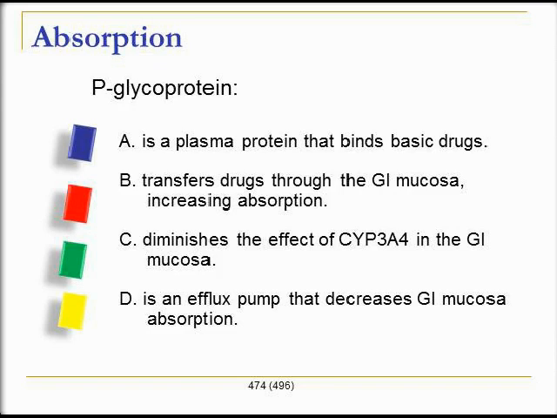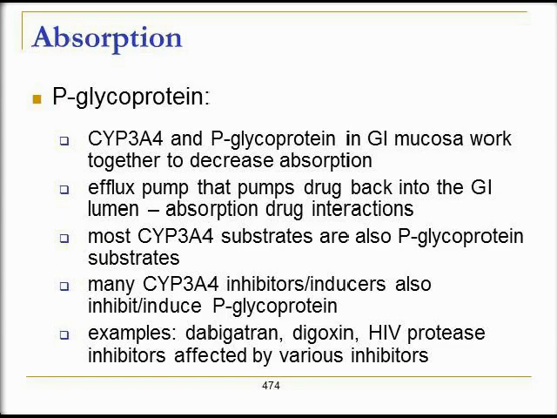So let's go through a little bit about P-glycoprotein. P-glycoprotein and cytochrome P450-3A4 both act within the GI mucosa, and their role is to prevent us from absorbing a toxic substance. So if you happen to ingest a toxic substance, their role is to decrease absorption and make sure that doesn't get into the system and doesn't ultimately kill you or harm you in some way.